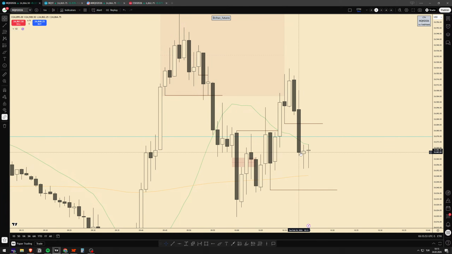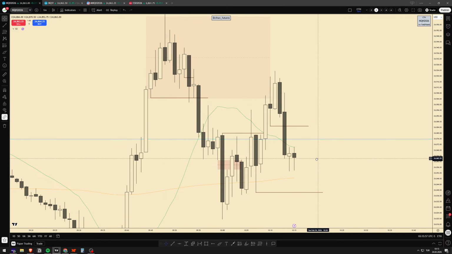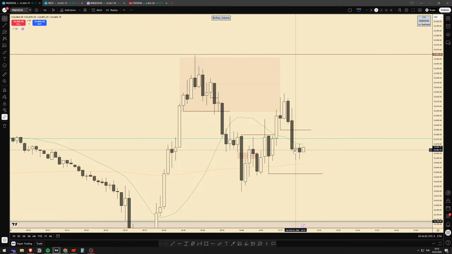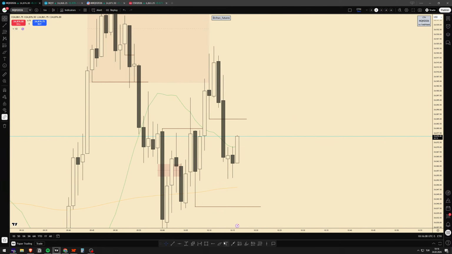Seeing sideways price action over here is okay, because as long as price stays sideways, this green line will start to turn flat and eventually look upwards.